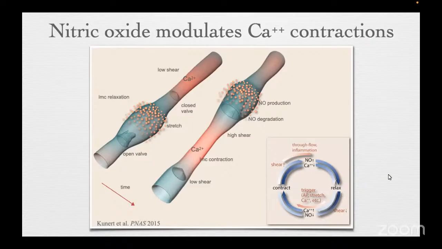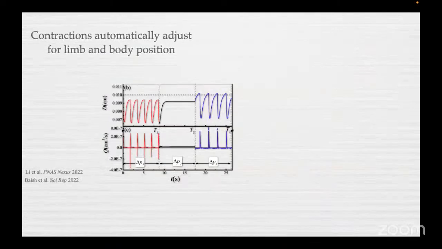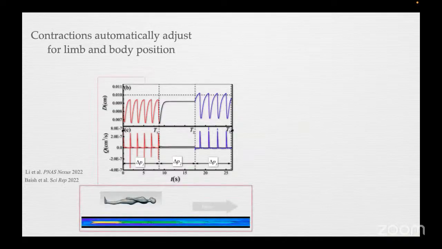And so the nice thing about a model like this is you can challenge it with different perturbations that the vessels should respond to in normal physiology and see if the simulations agree with what we know. And that's what we're doing here. So when you're lying down, we have to have some constant low level of fluid clearance.